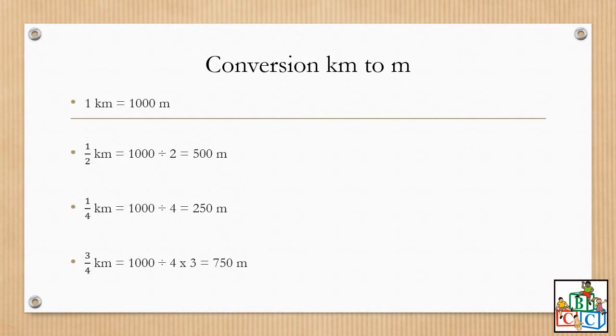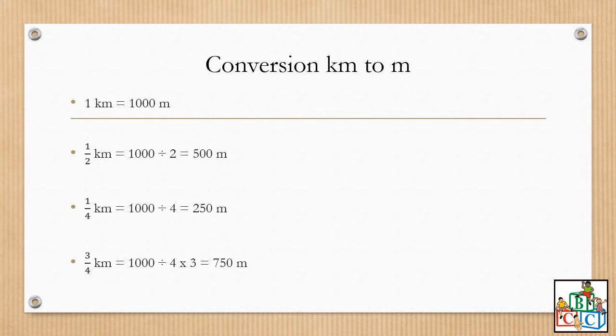Half kilometer is equal to 1000 divided by 2, 500 meters. 1/4 kilometer is equal to 1000 divided by 4, 250 meters. 3/4 kilometer is equal to 1000 divided by 4 times 3, 750 meters, which you will have to memorize.